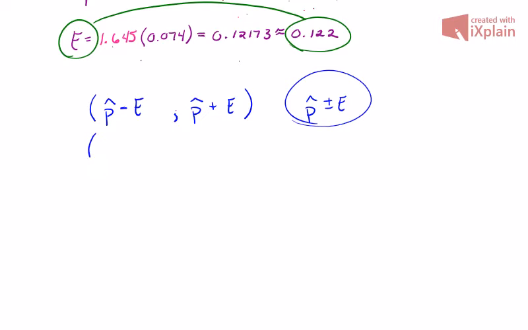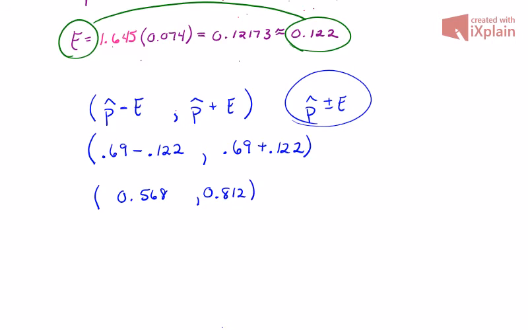So to finish this off, again, we know that p hat from our first few steps is 0.69, and we're going to subtract that 0.122, and then we're also going to take our 0.69 and add that 0.122. Finishing this up, we're going to get 0.568, and then also 0.812.